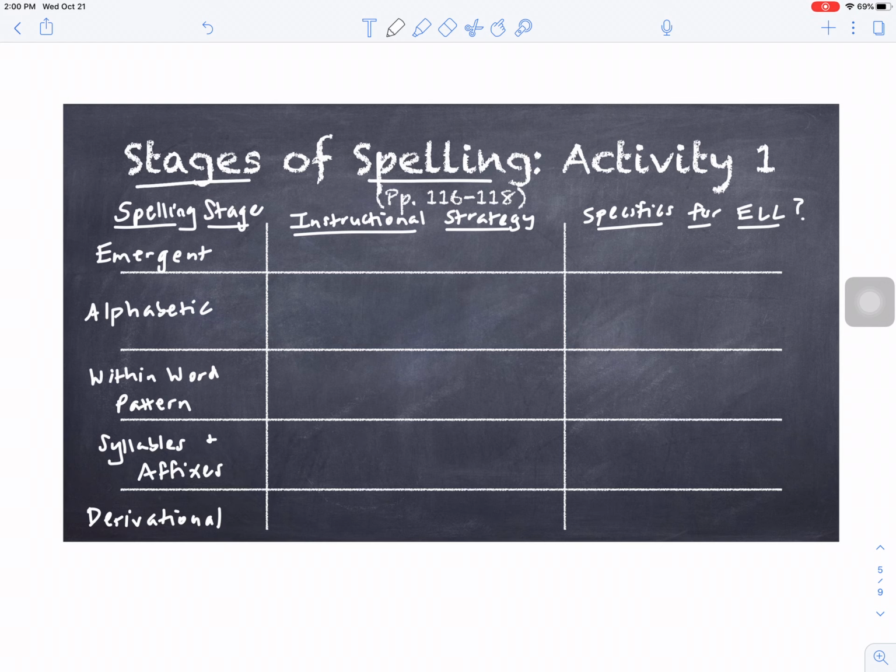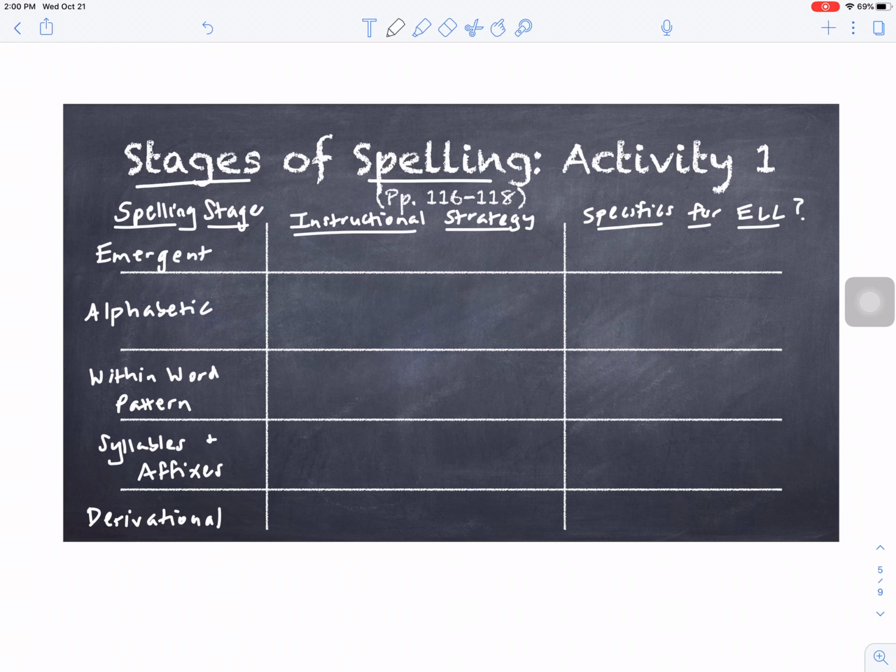So these stages of spelling are slightly different than other stages of spelling that other theorists and researchers have come up with, but you'll notice that as you read about each spelling stage, similar things are occurring. There's a trajectory of spelling improvement or skills that happen in particular ways.